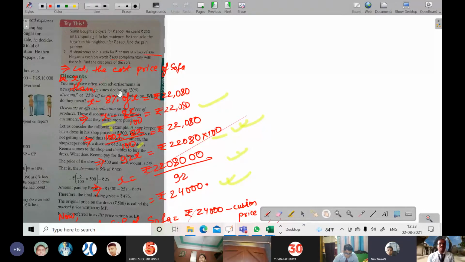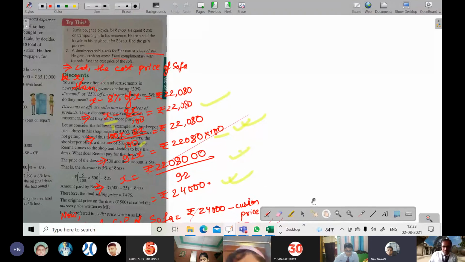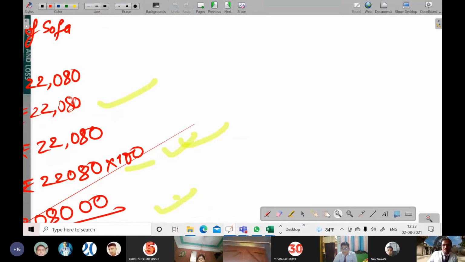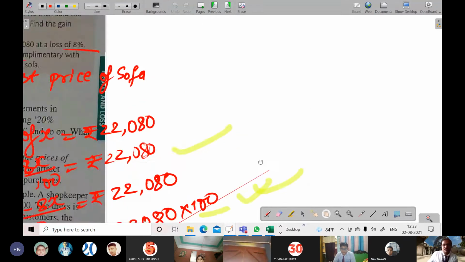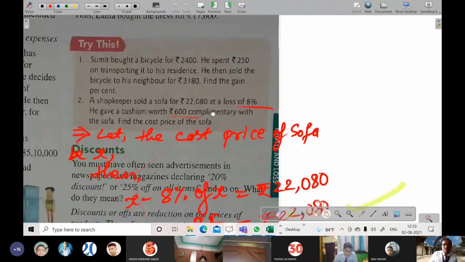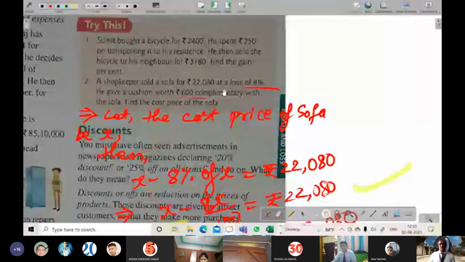So you can do SP minus CP by CP into 100%. That means here subtract 2650 from 3180. It is profit. First you find the total CP by adding the overhead expenses, then SP minus CP, whatever comes, for example X, then X by CP into 100, whatever comes will be the gain percent.